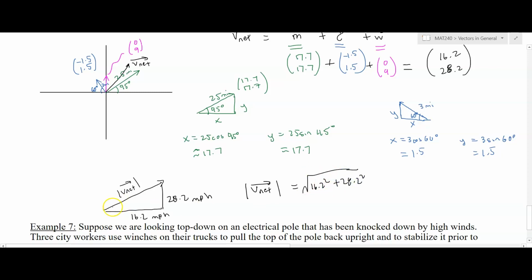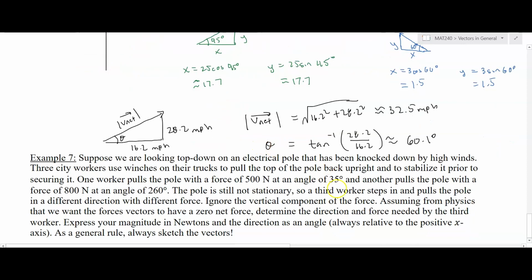And then if that's theta right there, tangent of theta is 28.2 over 16.2, so theta is the arctan of 28.2 over 16.2. And finding those components tells us the boat is actually moving at a speed of 32.5 miles per hour, and it's moving at an angle of 60.1 degrees, which based on our picture makes sense.